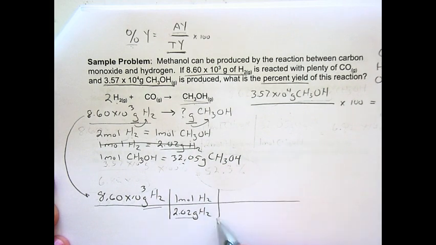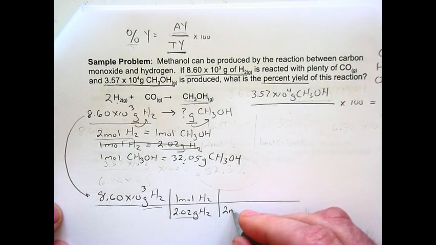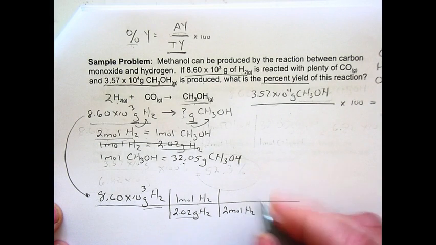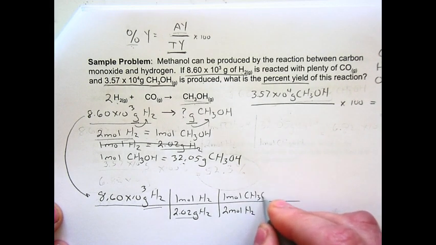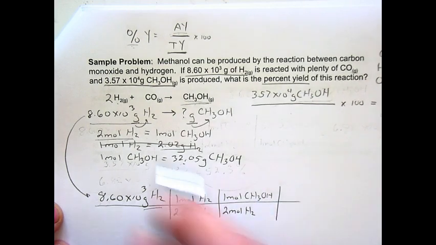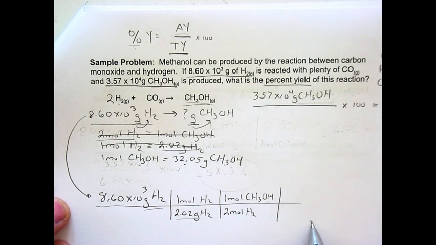Cross that out, draw another vertical line. Now we have moles of hydrogen on top. We want moles of hydrogen on the bottom, right there. So that's 2 moles of hydrogen, and it's equal to 1 mole of methanol. Cross that out.